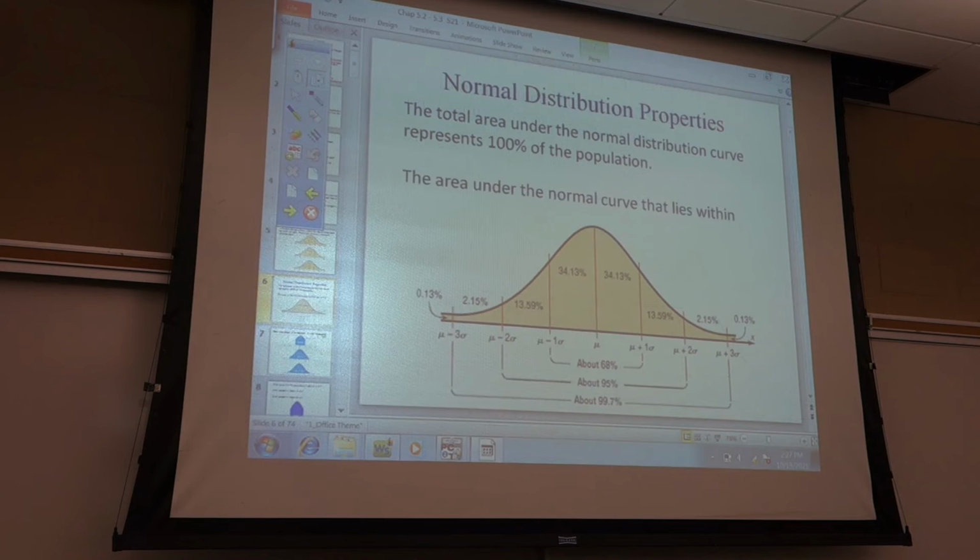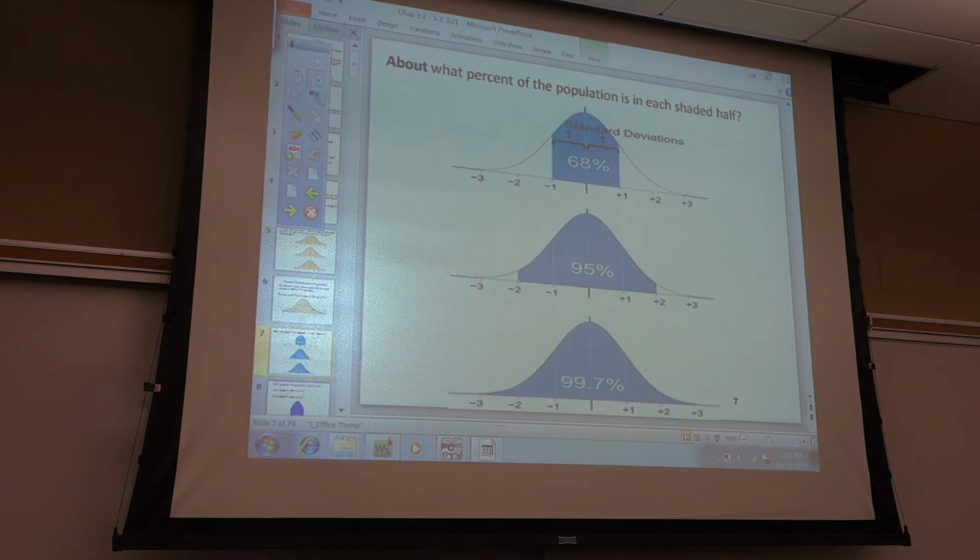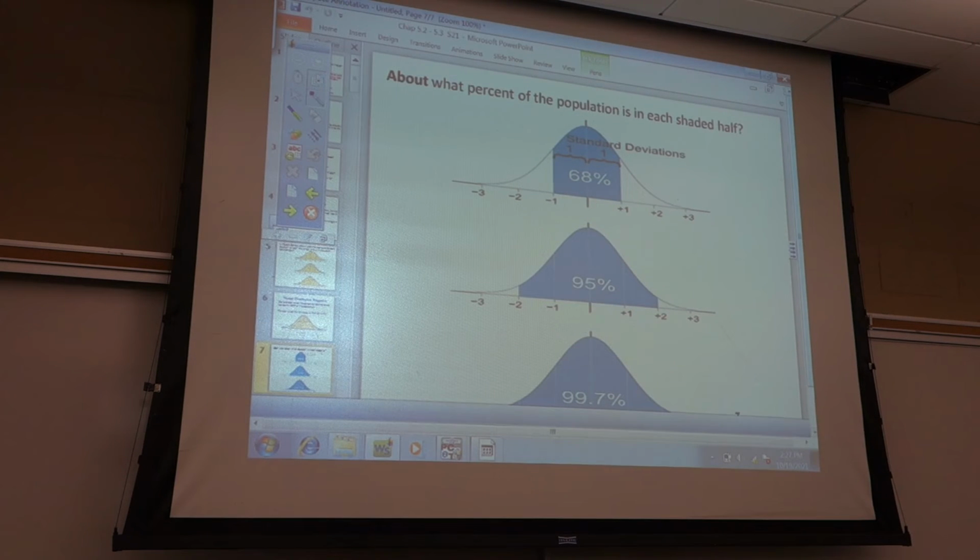So my next question is this: about what percent of the population is in each shaded half? So just this half here, what percent would be in this half here? Maybe I should make it pink instead, so it's easier to see. What percent? 34. How did you find 34?